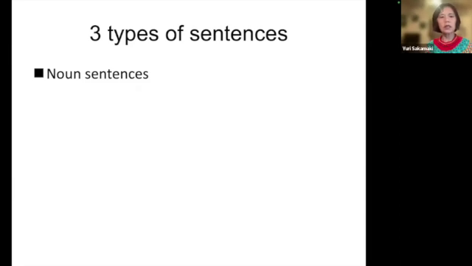First one is a noun sentence. You actually know this because we already learned how to put nouns with this. That's a noun sentence. You're just saying something is, it is something, or they are something, just more politely.